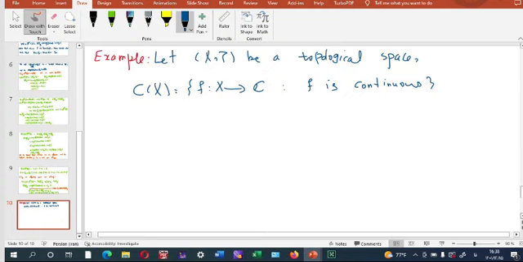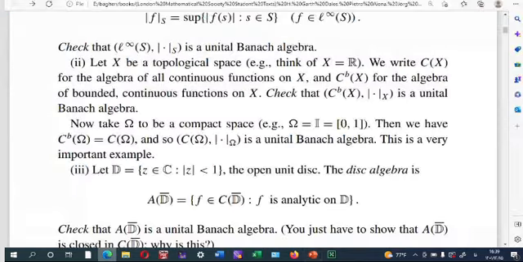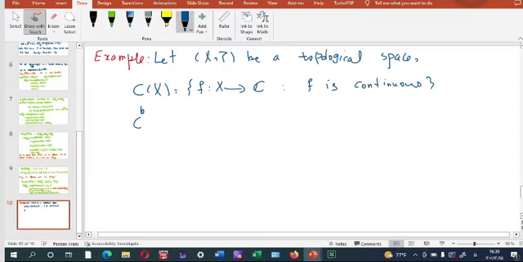We know that if we have two topological spaces, we can define the continuous function between two topological spaces, and CB of X equal to the set of all f from X to C such that f is continuous and bounded.